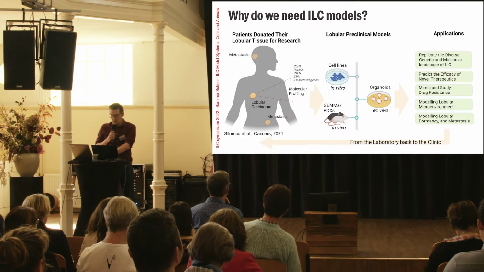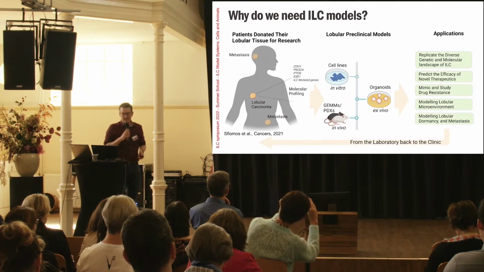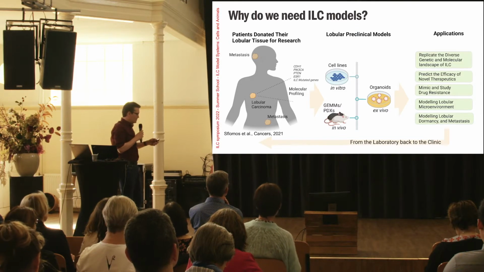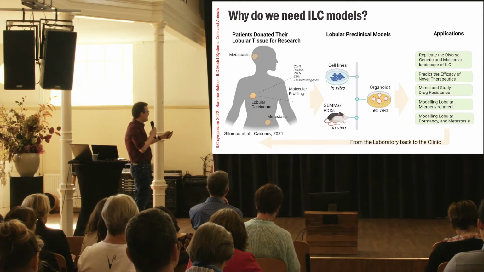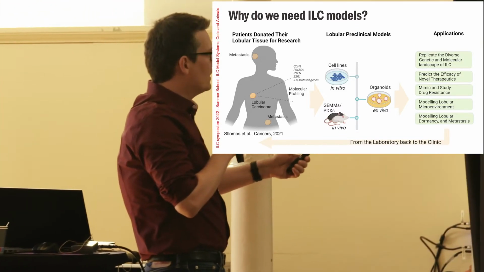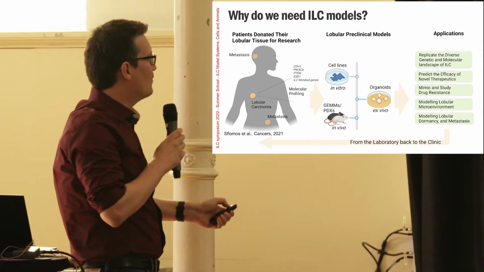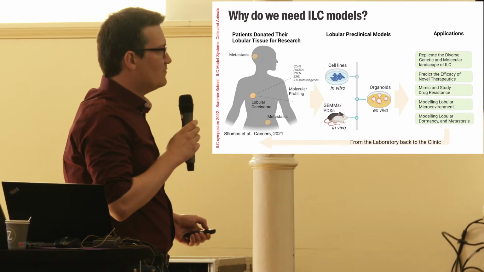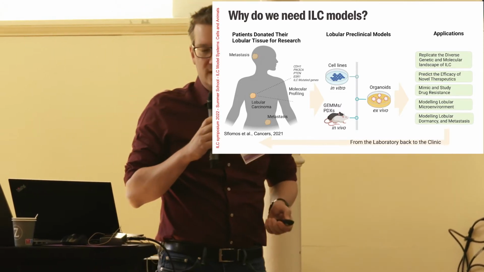So why do we need ILC models? We will elaborate during the next slides about how we use the clinical information to develop in vitro, ex vivo, and in vivo models.